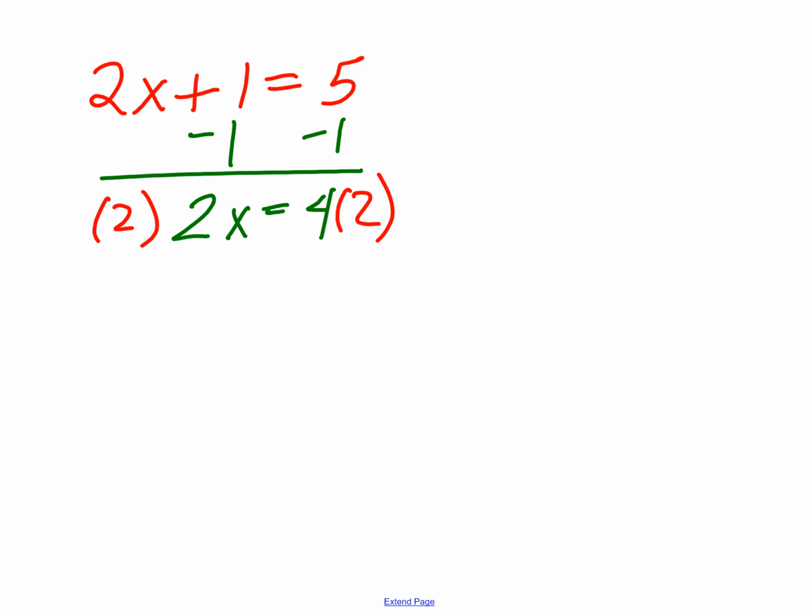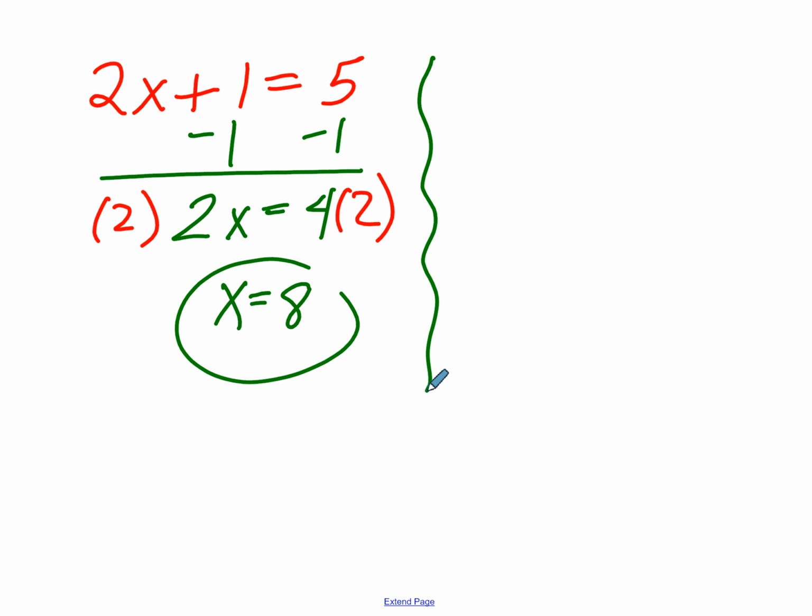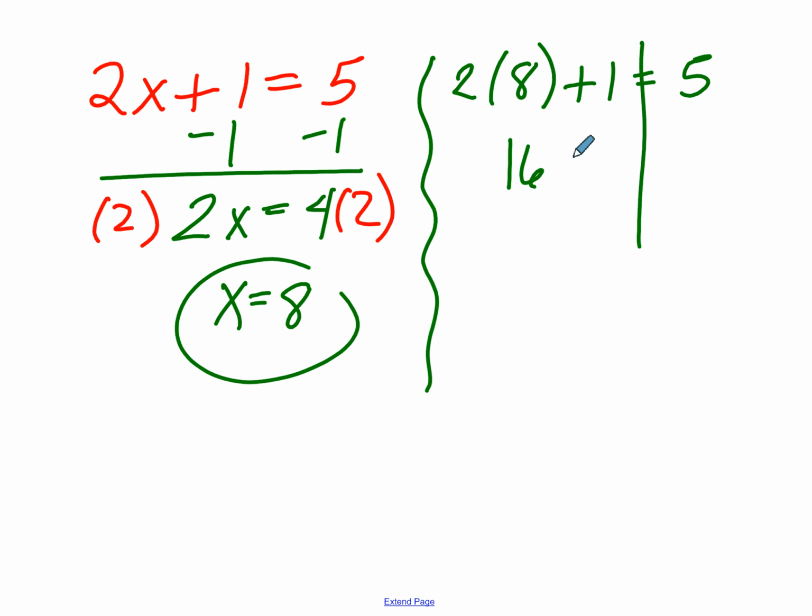We know that's wrong, right? Okay, and I say x equals 8, and I stop and I say, hey, x equals 8, I'm done, Mrs. Dorlist, and you go to the computer and you put it in. But I tell you that you don't know unless you check, right? So people will go and check, which I think is awesome. But what's happening is, let's check this. 2 times 8 is 16, and 16 plus 1 is 17.